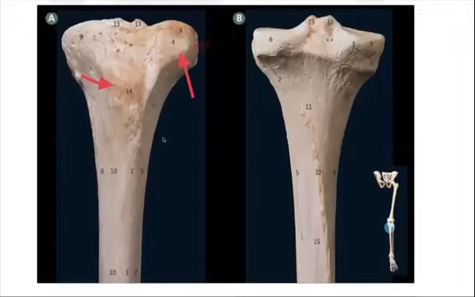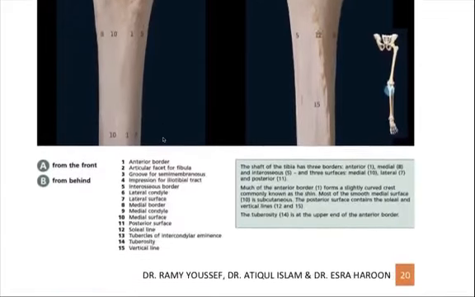This is Gerdy's tubercle, and there will be the attachment of the iliotibial tract. Okay, on picture B, what you need to identify is the soleal line, which is number 12. Again, you have the lateral condyle and the medial condyle, number 9. Okay, these are the points you have to identify.